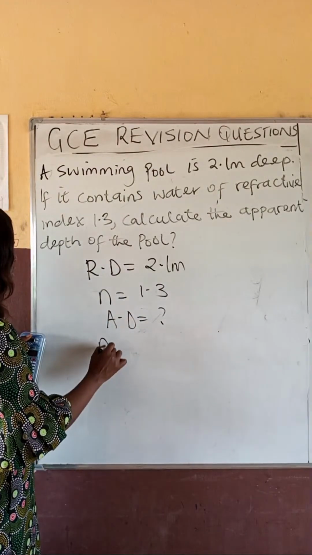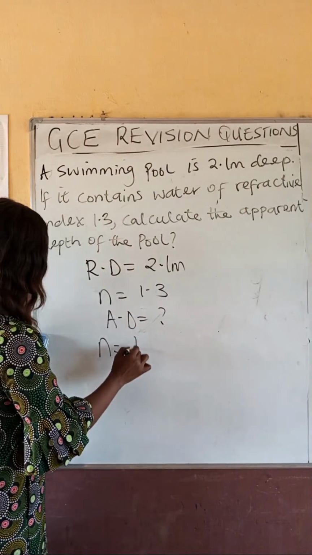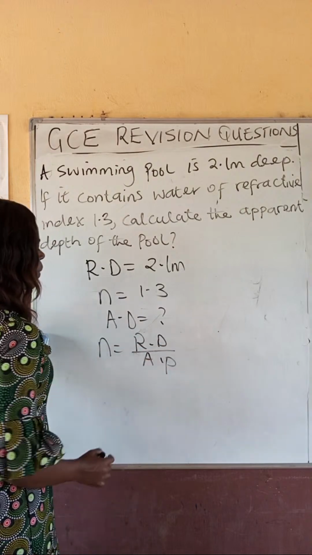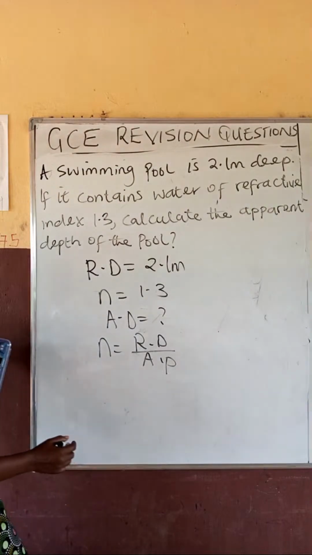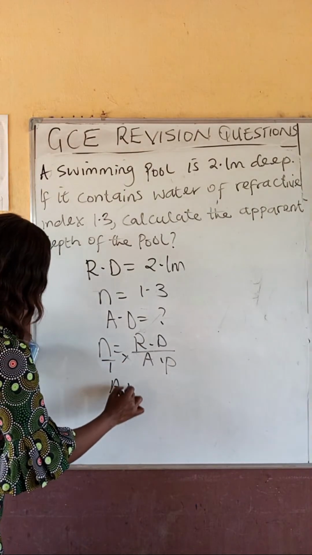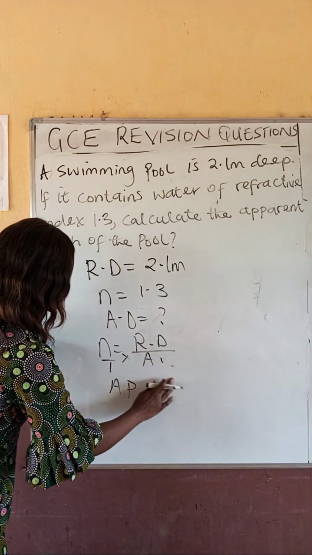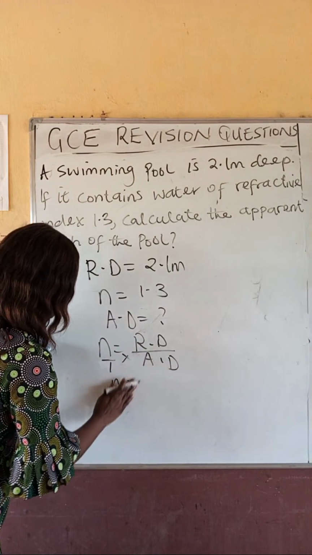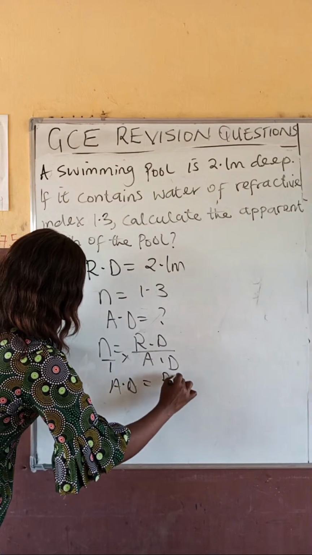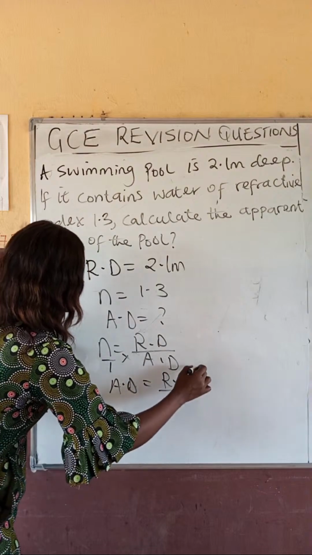So we say that refractive index is equal to real depth over apparent depth, right? Now since you are looking for apparent depth, cross multiply: apparent depth is equal to real depth over refractive index.